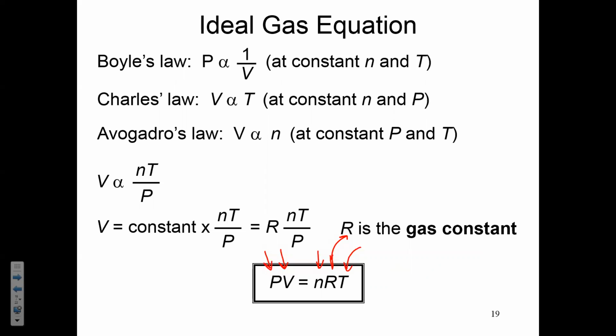This is what we call the ideal gas equation. So the ideal gas equation means that if we take a gas and it's behaving like a perfect gas, then all of this should give us a way to test what's going to happen with our gas.